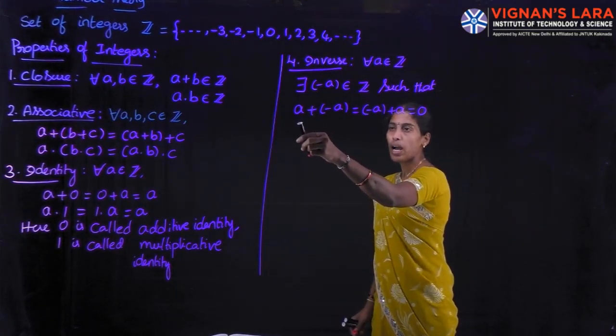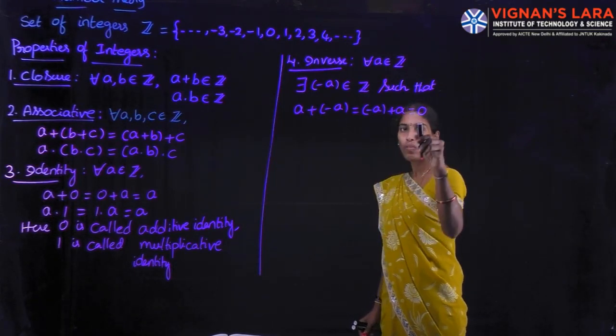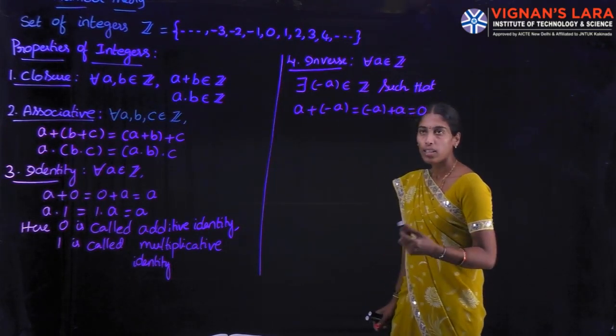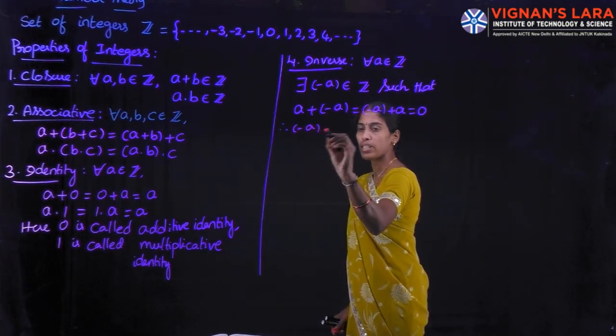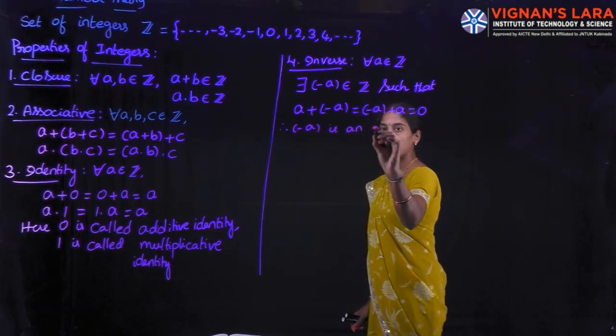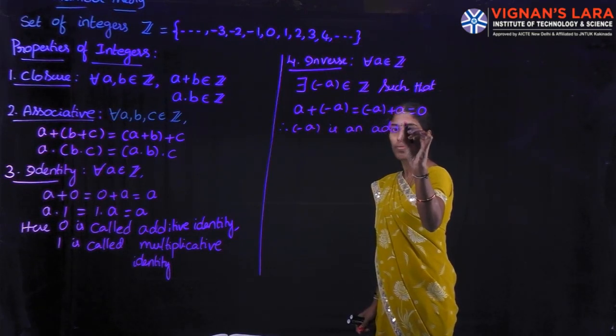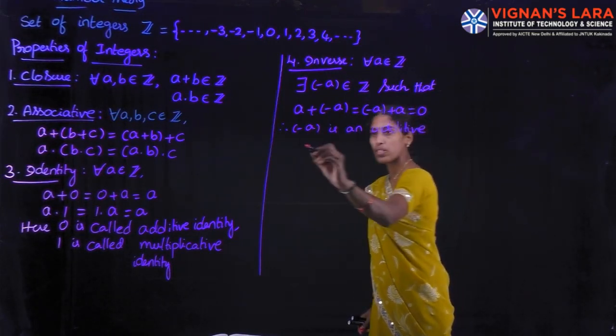So if we add a to minus a, we get the additive identity. Therefore, minus a is an additive inverse of a, right?